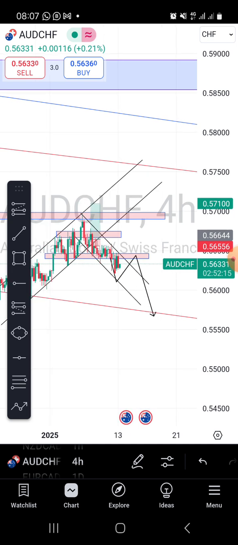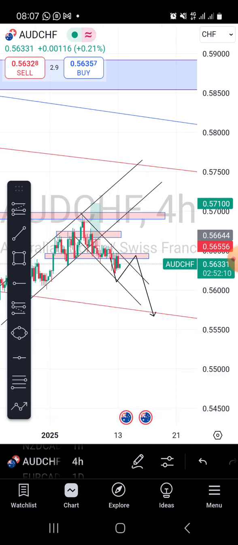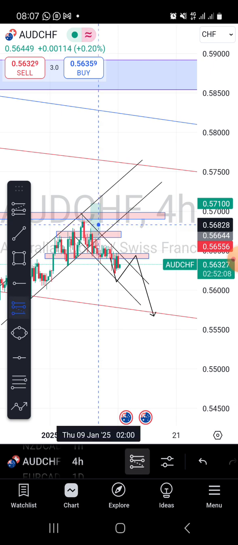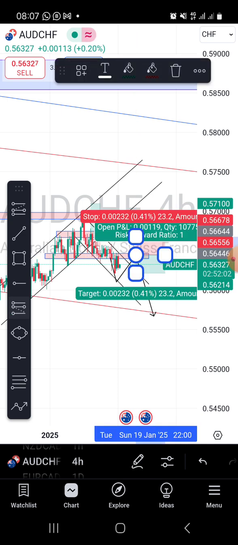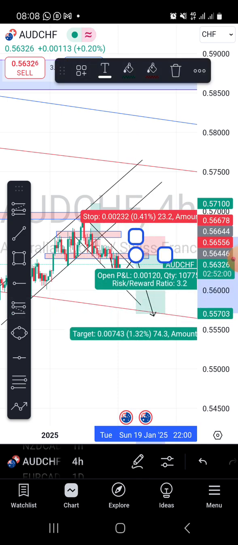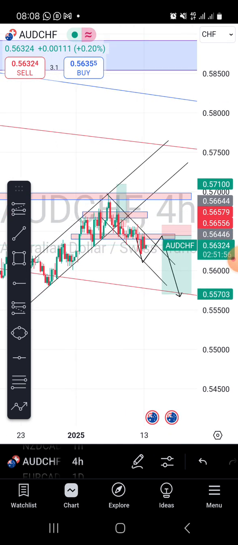So we still expect price to come down at least before bouncing back up. So our interest is something like this, anywhere around here. I believe that is clear on that.